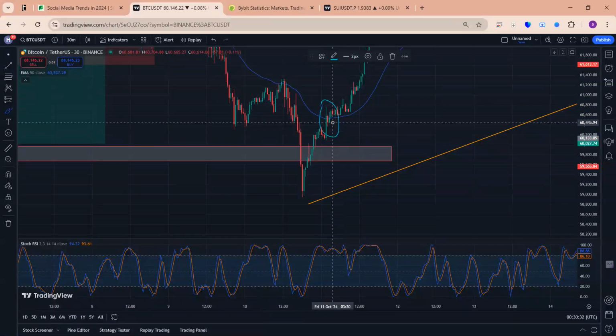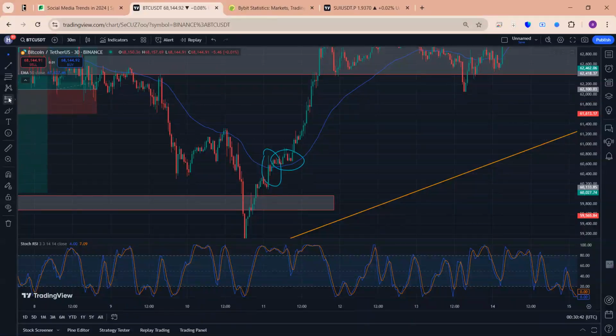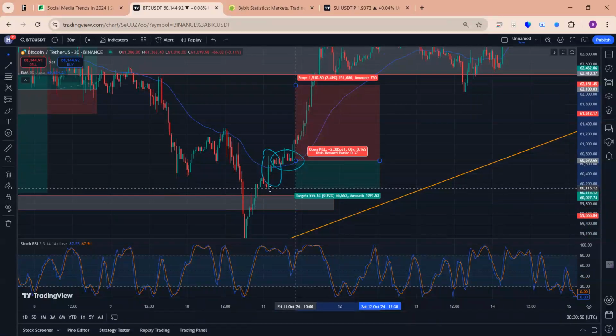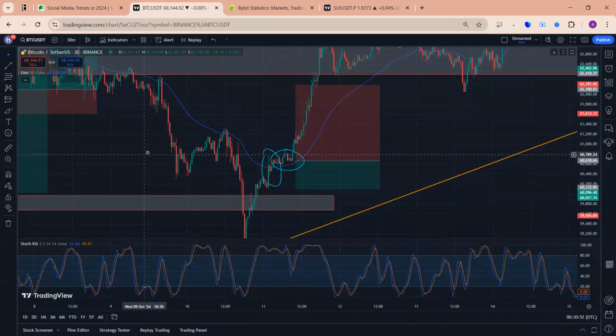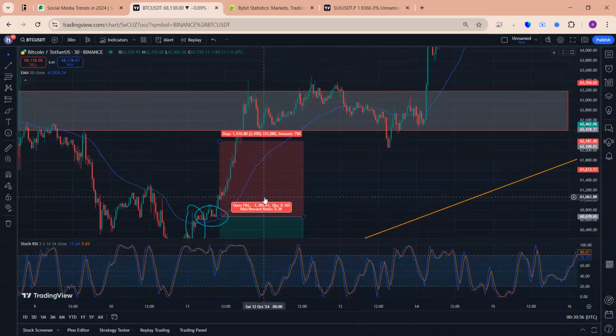That is number one. Number two, it settles above my EMA. So if I want to enter this long position now, what do I do? I will click on this long position. The moment it settles above my EMA, I click this and bring my distance below my EMA. Let's assume around this level. Short to long, and a long I want.